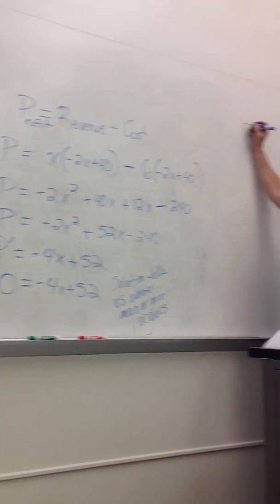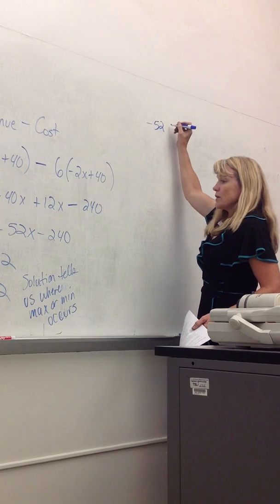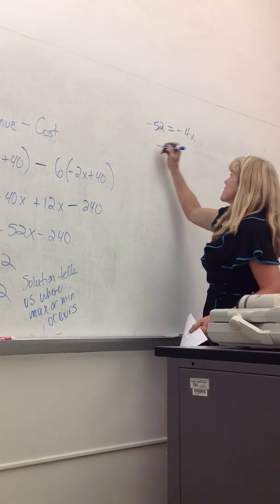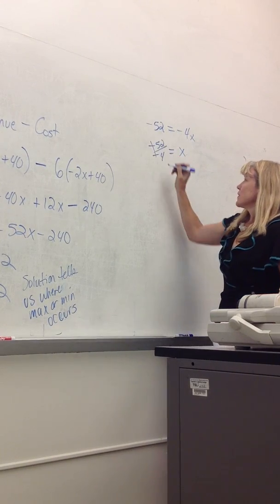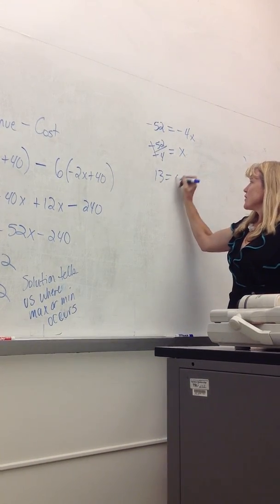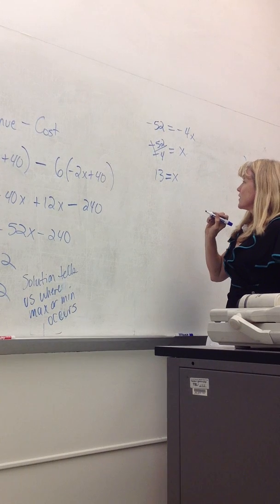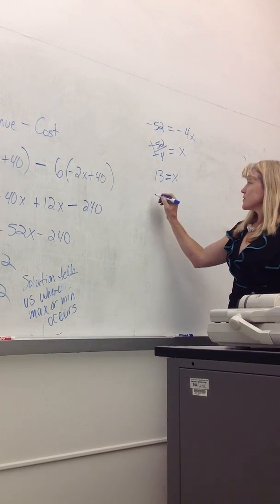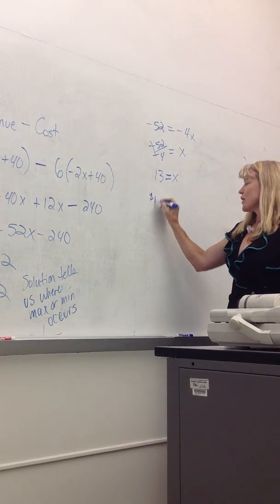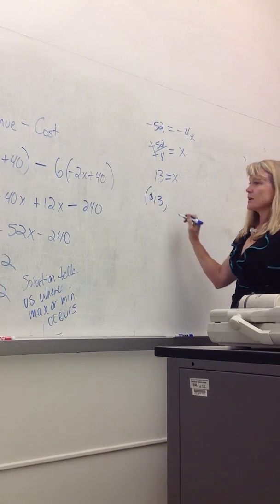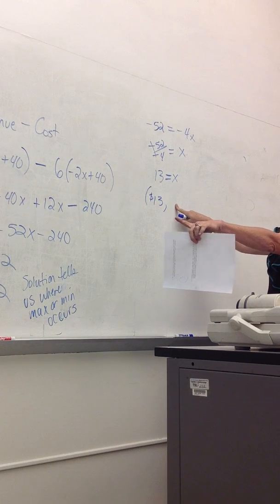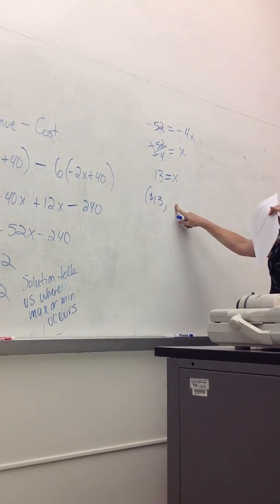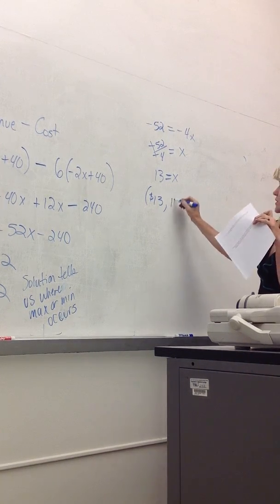So negative 52 has to equal negative 4x, and then negative 52 divided by negative 4 equals x, and 13 if you think about decks of cards. And so that tells me that he should price them at $13. If he prices them at $13, according to my demand function, he is going to sell 14 of them, right?